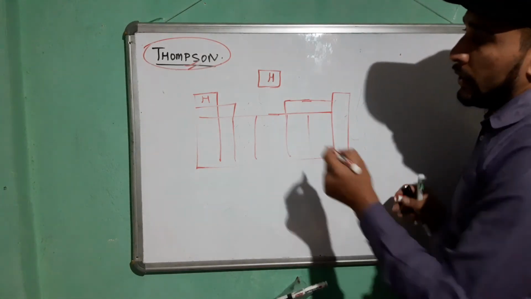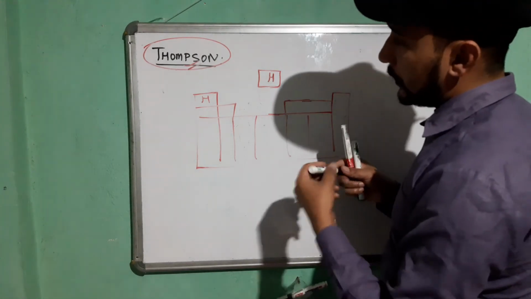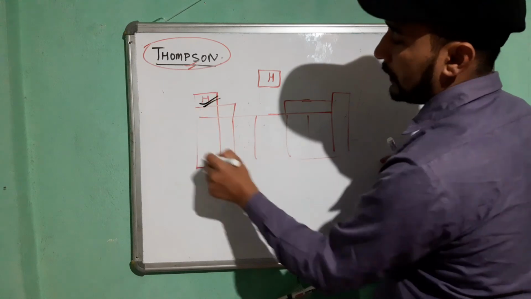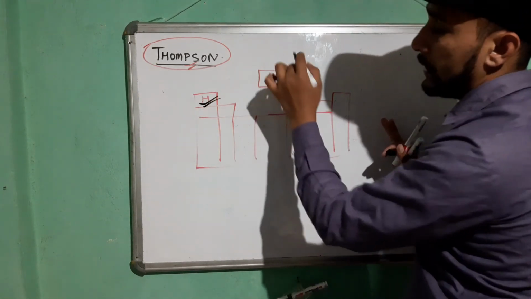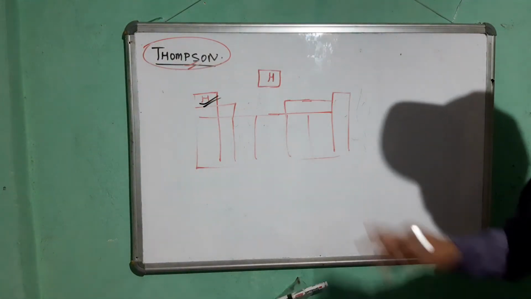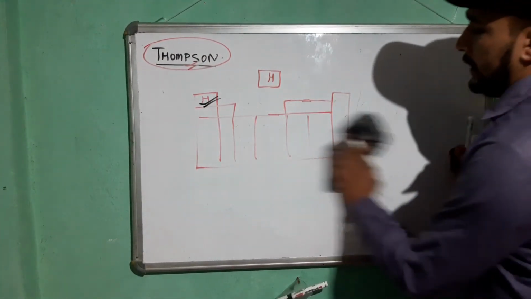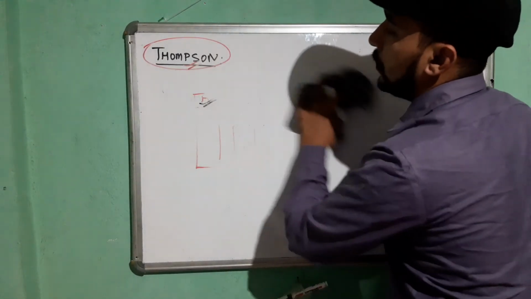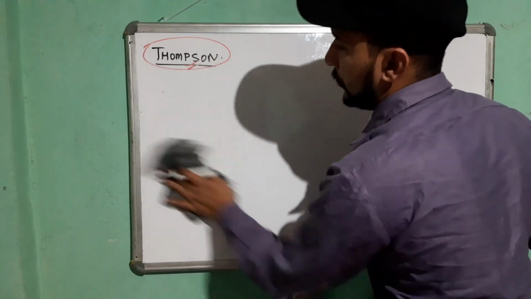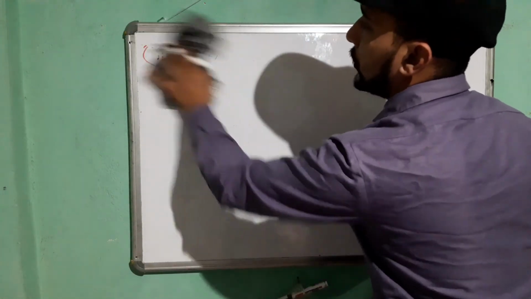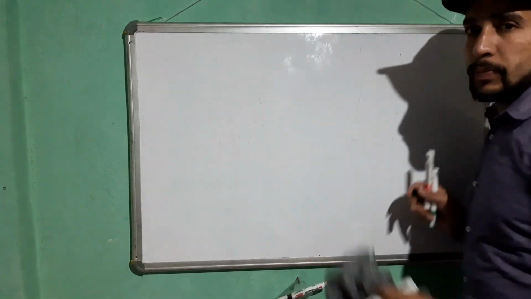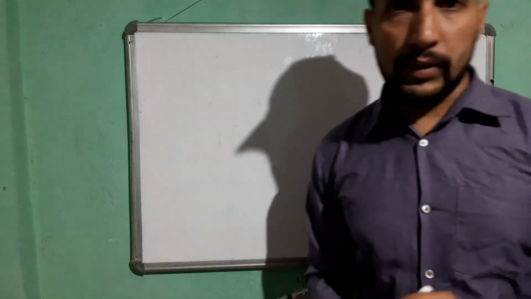Thomson had suggested to take out hydrogen from the main table and keep it separately on top. But his concept was not accepted, and till now hydrogen is placed in the first position of the modern periodic table, in spite of having so many controversies.